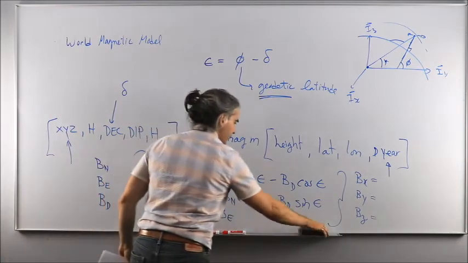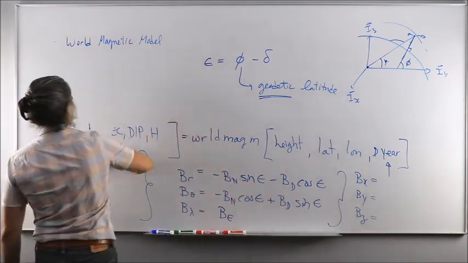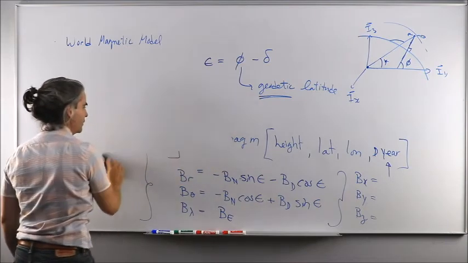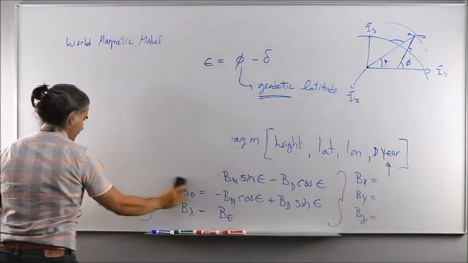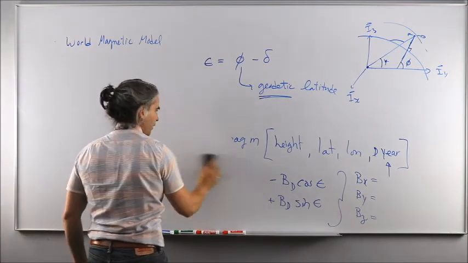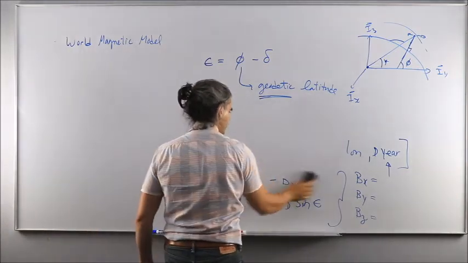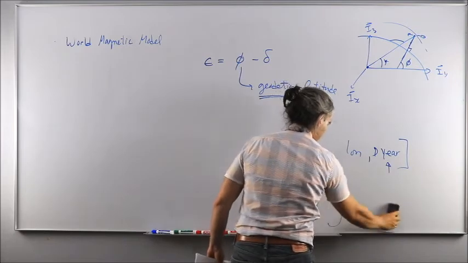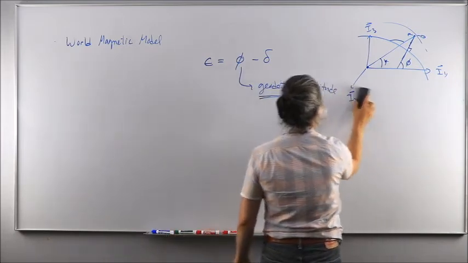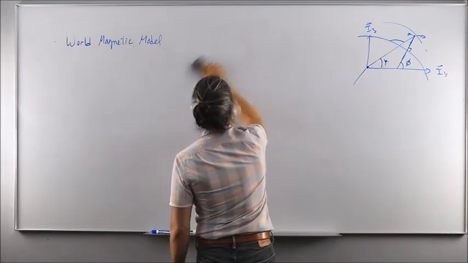The last one is the dipole model. So instead of considering a very complex asymmetrical magnetic field of the Earth, we're only considering that the magnetic field of the Earth is modeled as a simple dipole, or a magnet, if you will. Okay?